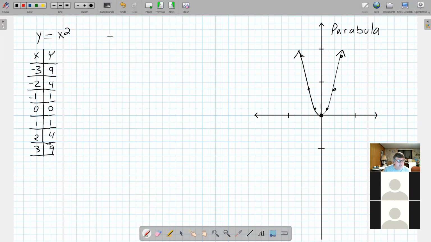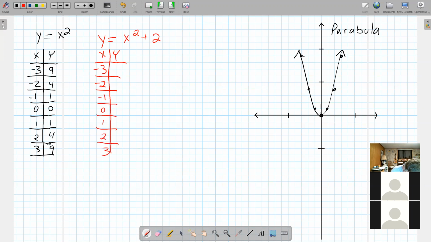And now I want to take a look at the graph of y equals x squared, we'll say plus 2. Okay. And I'm going to put in the same x values. Now, let's consider order of operations.